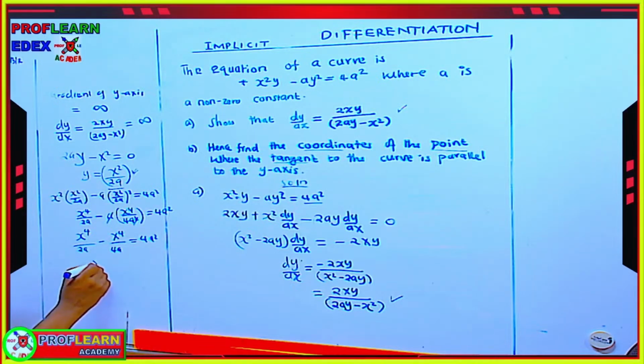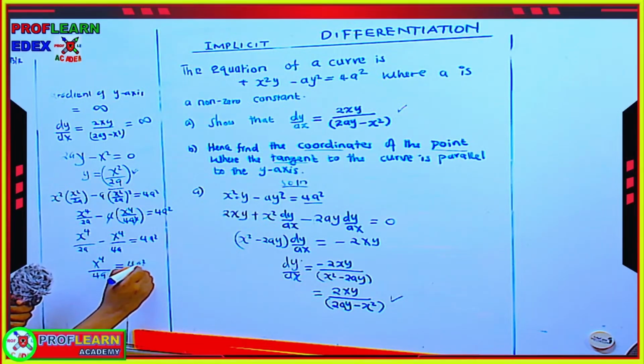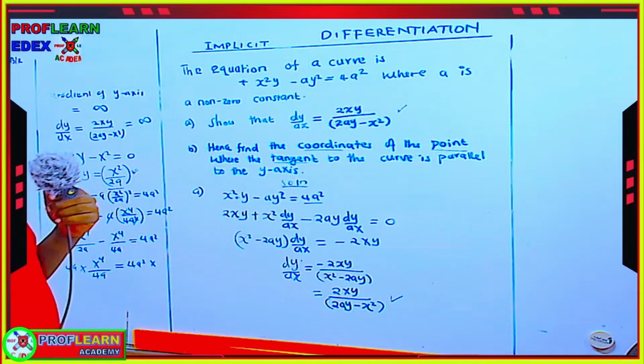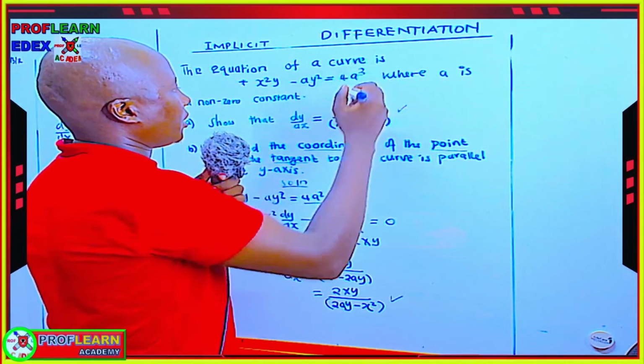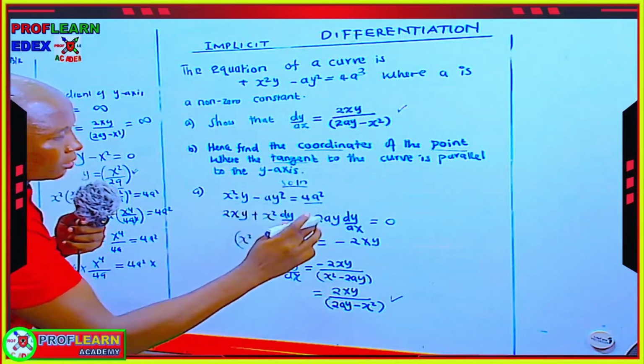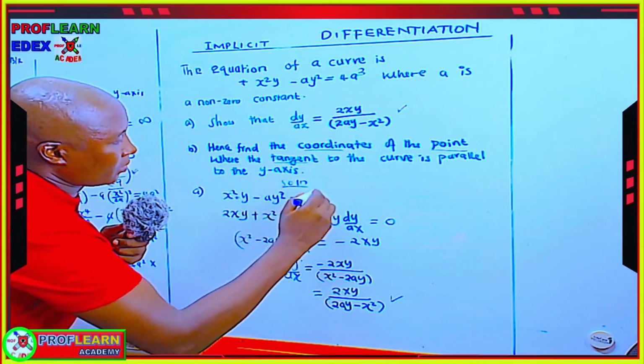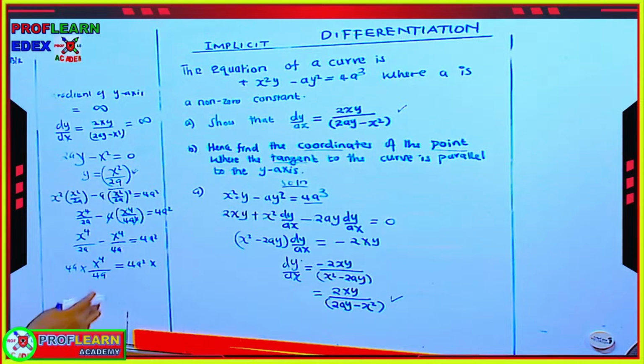If we subtract this, we shall have x to the power 4 over 4a for this, and this is going to be 4a squared, times 4a, and this equation here was a cubed, so we maintain a cubed there.